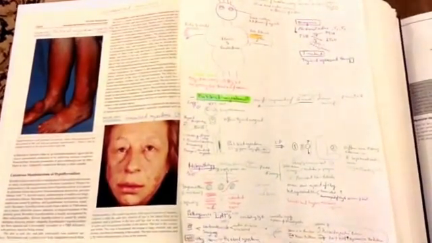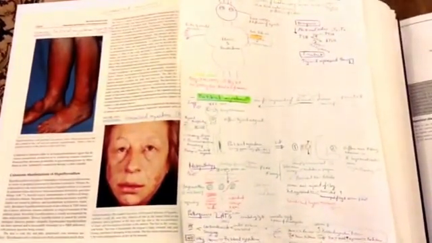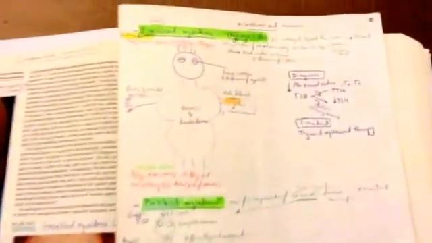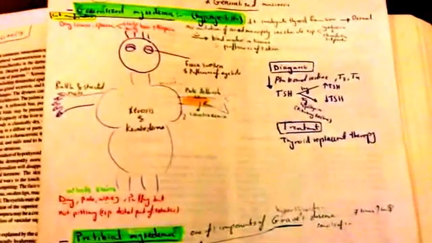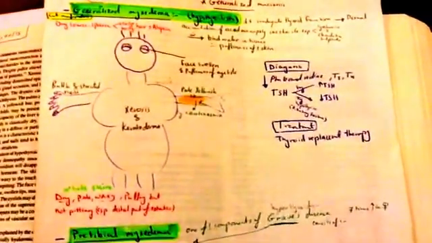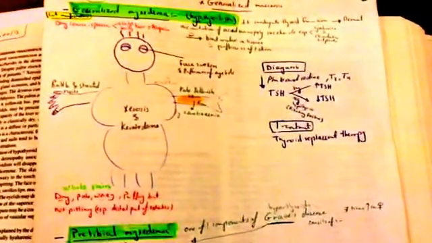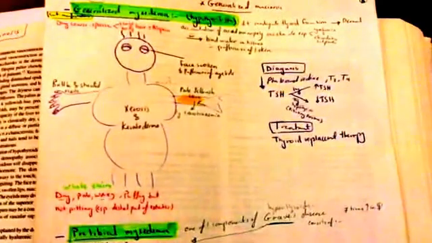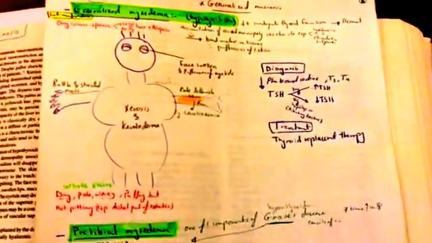Other types of generalized mucinosis: generalized myxedema in hypothyroidism and pretibial myxedema in hyperthyroidism or Graves' disease. First, the generalized myxedema in hypothyroidism. Due to inadequate thyroid function, there is dermal accumulation of acid mucopolysaccharide, especially hyaluronic acid and chondroitin sulfate, which bind water in tissues, leading to puffiness of the skin.